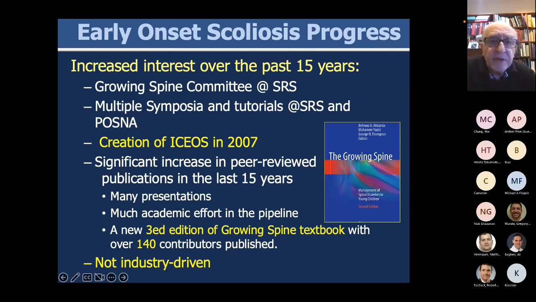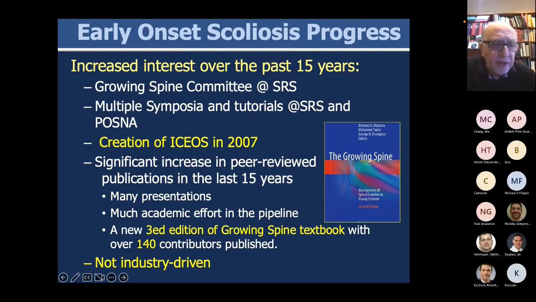There was this increase, as you saw, in peer-reviewed publications and many presentations. The textbook of growing spine was just published a few months ago, now in its third edition, with about 140 contributors, and some of them are on this call. But the important thing is it wasn't industry driven.